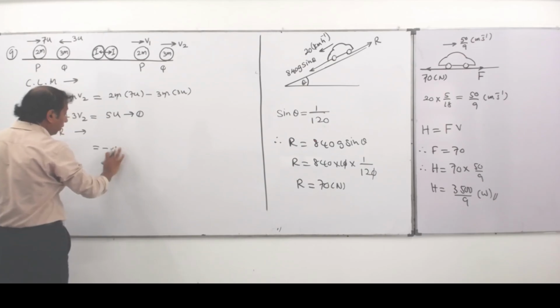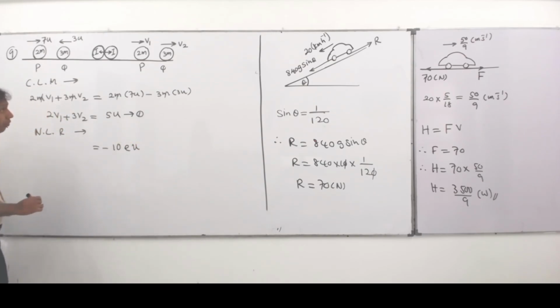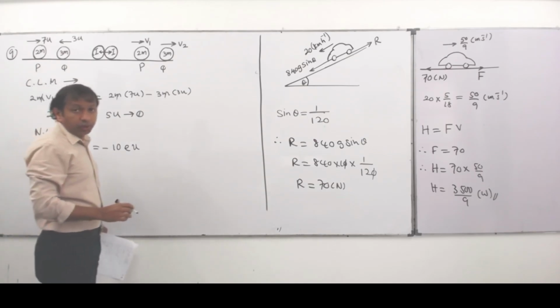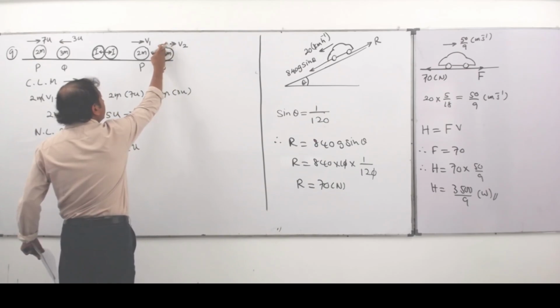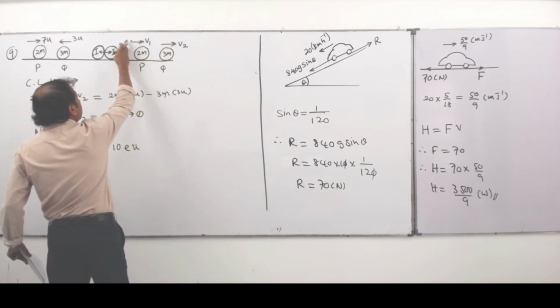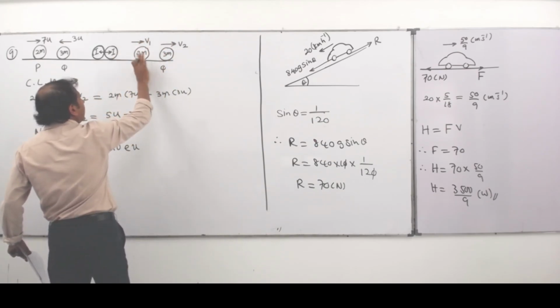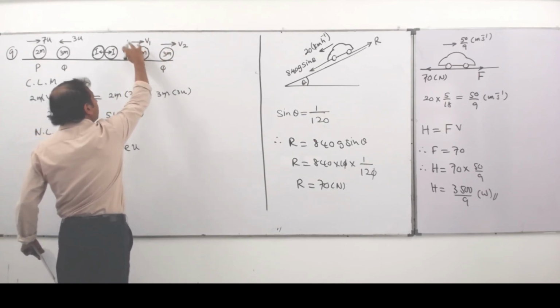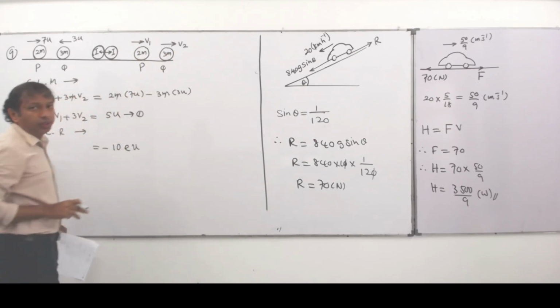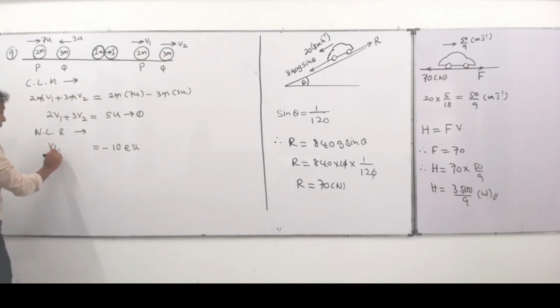Then here we get minus 10eu. After impact also we stop Q, applying v2 leftward on both, so the resultant velocity of P rightward is v1 minus v2, taking rightward as positive because we apply NLR rightward.